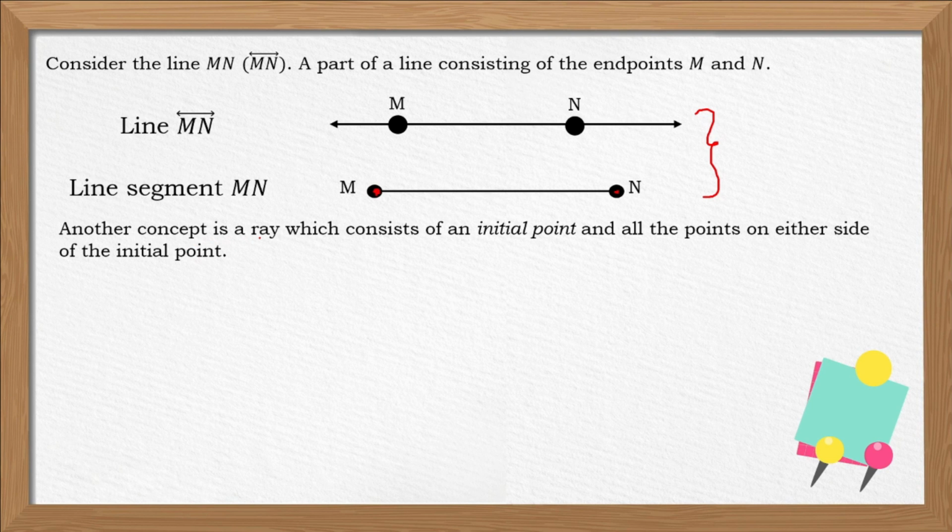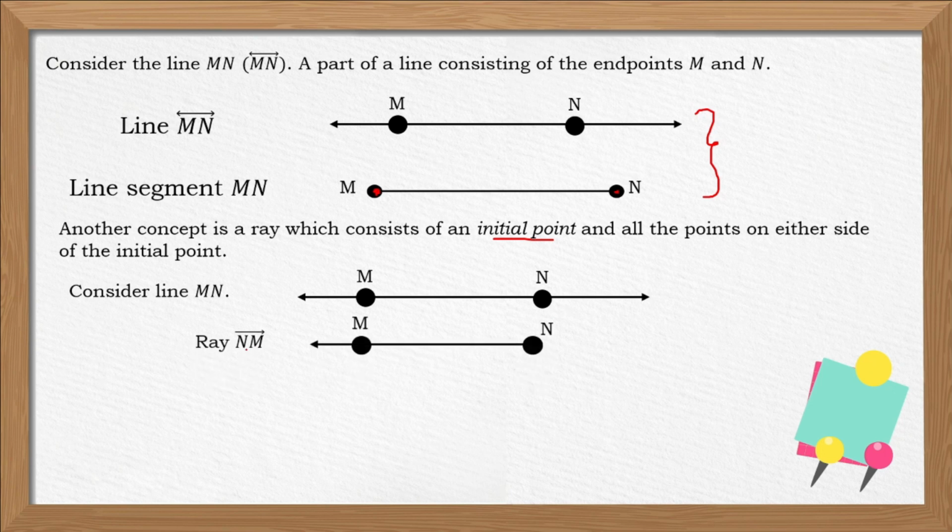Another concept is a ray, which consists of an initial point and all the points on either side of the initial point. So we have line MN. When we name a ray, we can say ray NM. What is the difference between line MN and ray NM? Ray NM has one endpoint and one arrowhead that extends to that direction.